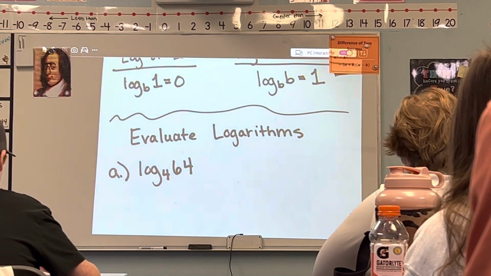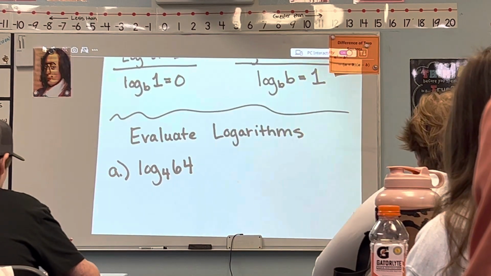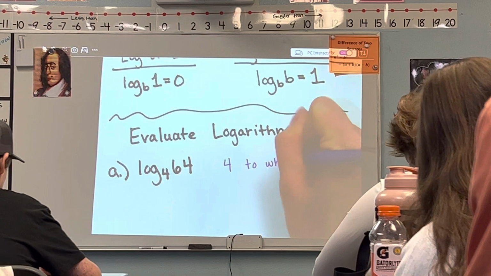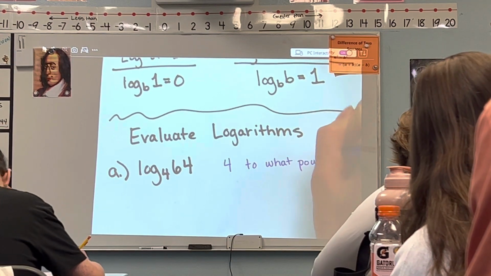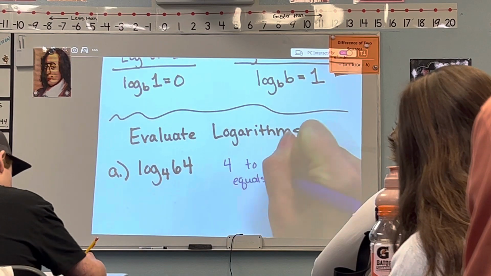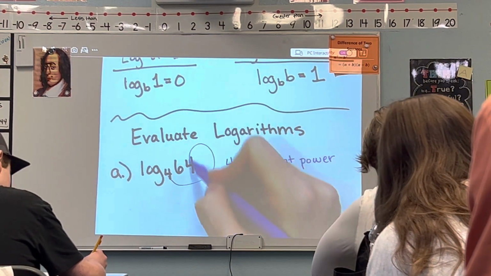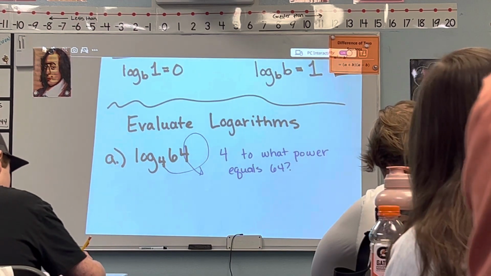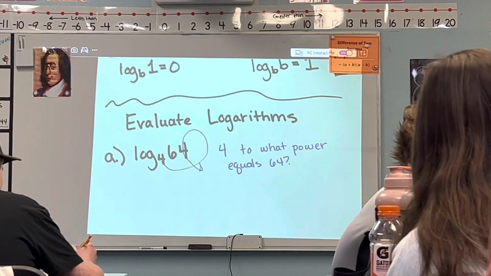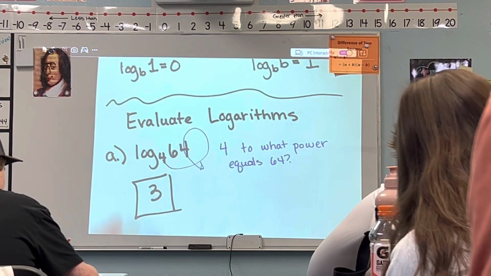You're gonna ask yourself the question, 4 to what power equals 64? 4 to the third power. So this equals 3. That's your answer.